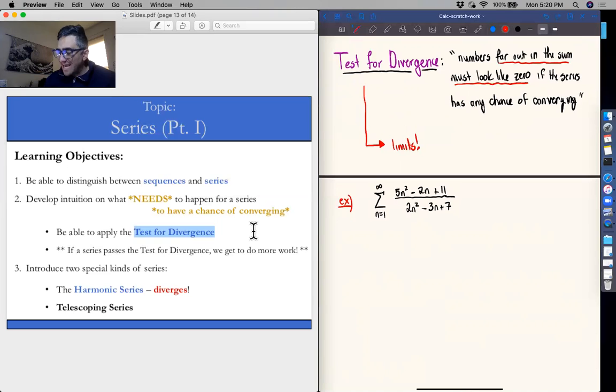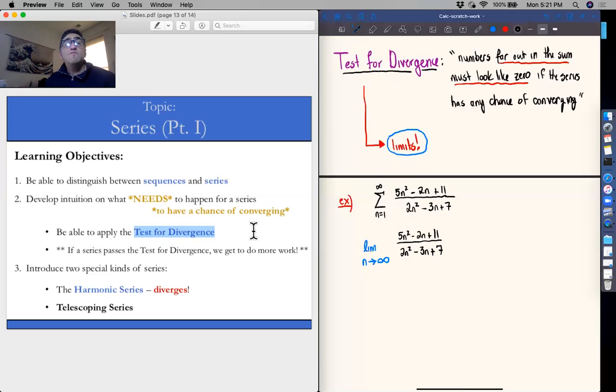So let's just apply that idea. The way we're going to apply this is using limits, because limits give us a way to ask that question: what do those terms far out in that series look like? So the limit goes towards n equals infinity, and we take our series function, 5n squared minus 2n plus 11, all over 2n squared minus 3n plus 7 in this case.